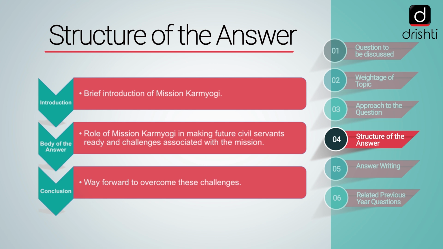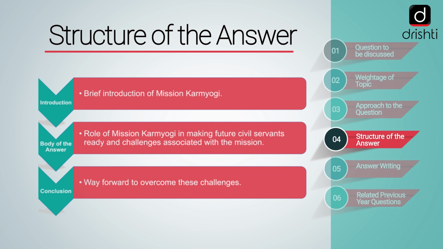The first part of the answer will be the introduction, in which we will introduce Mission Karmyogi briefly. The second part of the answer, that is the body, will be divided into two parts. 1. Role of Mission Karmyogi in making future civil servants ready, and 2. Challenges associated with the mission. And lastly, in our conclusion, we will be providing a way forward to overcome the above challenges.